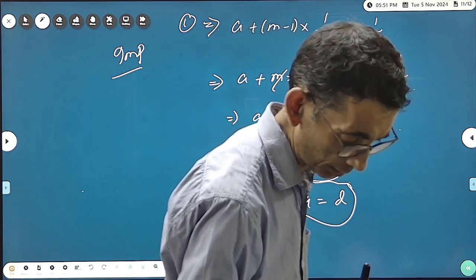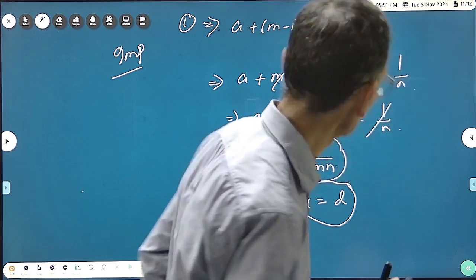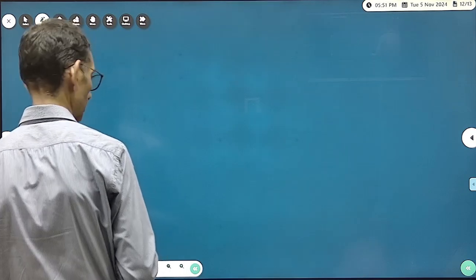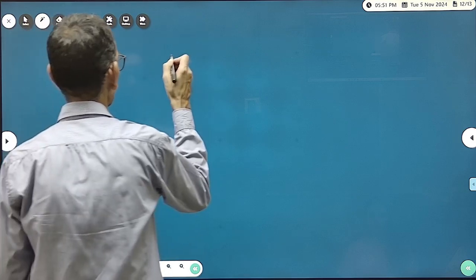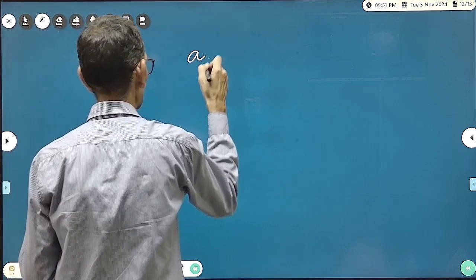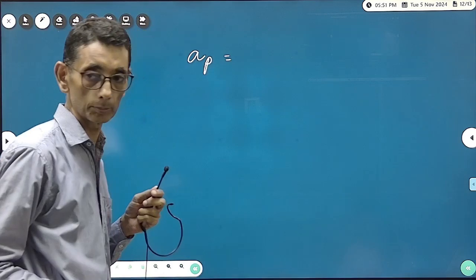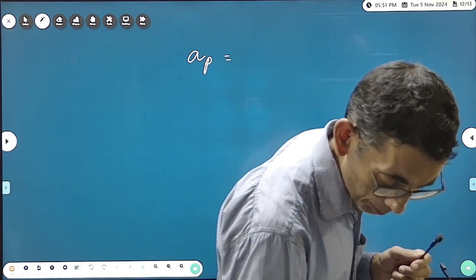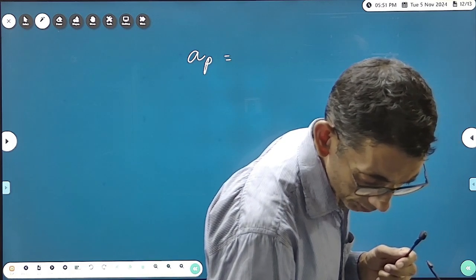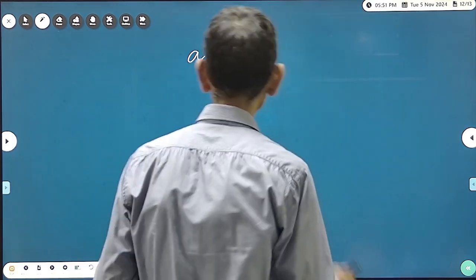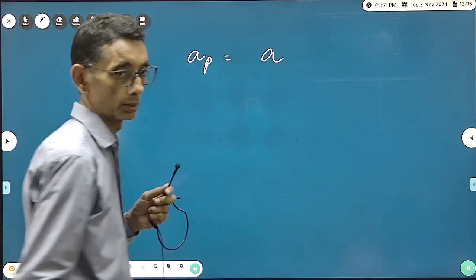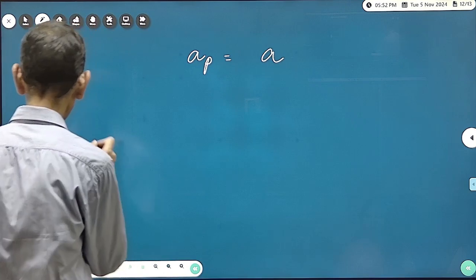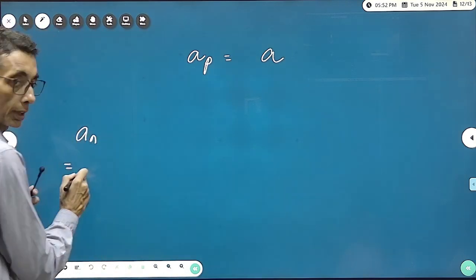These are the P, Q and R terms, and they are A, B, C. The P term of the AP is A, the Q term is B, the R term is C. So what is the nth term formula in AP?